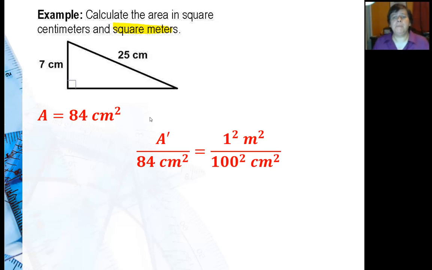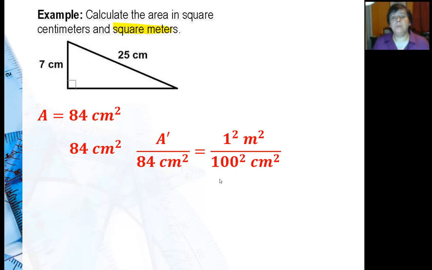So I'm going to set up my proportion. I'm going to show you where the numbers come from. A prime, that's my new area, over my old area. Well, my new units, remember it's easier to start with one of the bigger units. It's going to be one of those units squared over how many centimeters are in a meter. There are 100 centimeters in a meter, so it's 100 squared. Remember, we're squaring both.